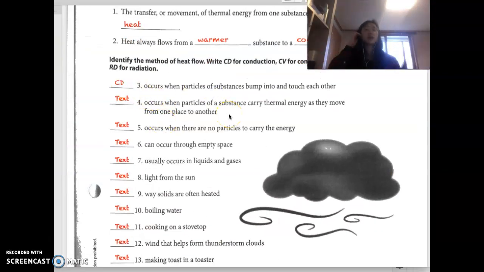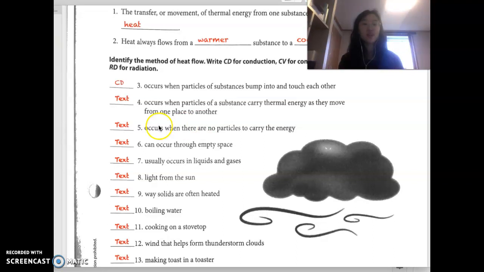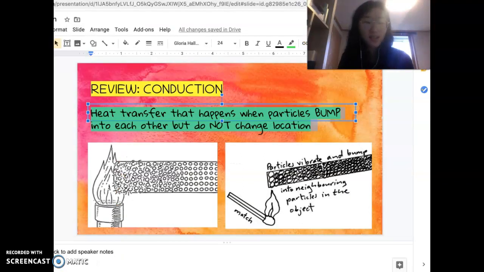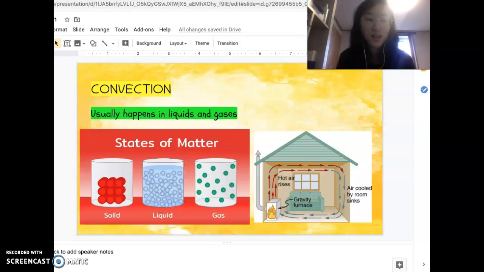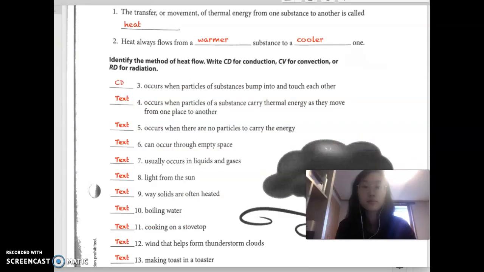Number 4, occurs when particles of a substance carry the thermal energy, like a piggyback, as they move from one place to another. That is convection. Number 5, occurs when there are no particles to carry the energy. So if nothing is going to carry it, it's just going to be radiating. So that is radiation.